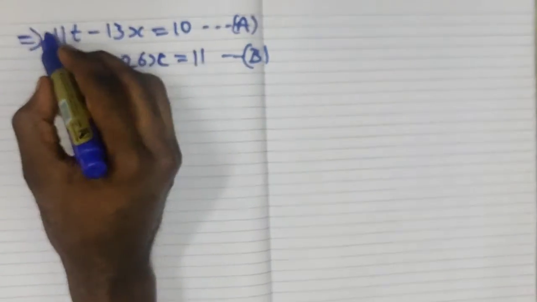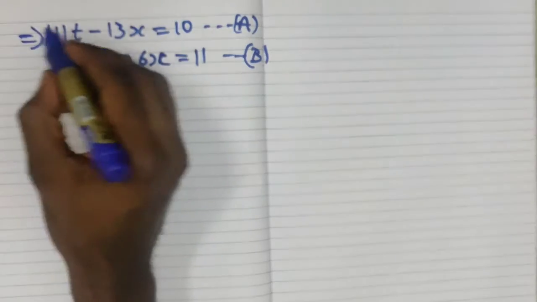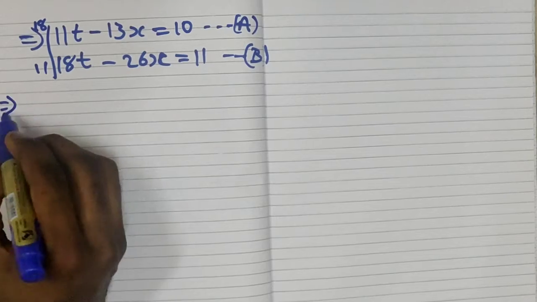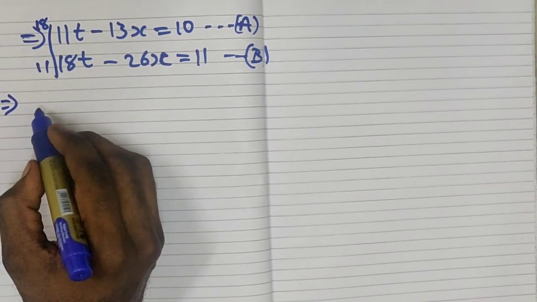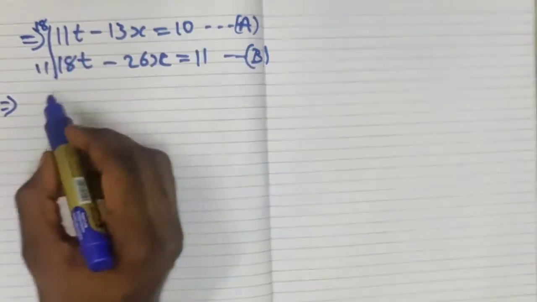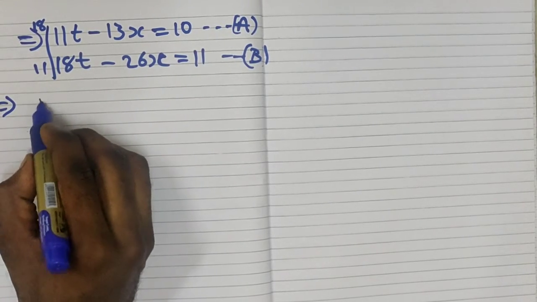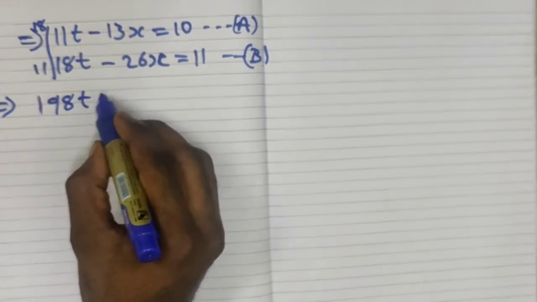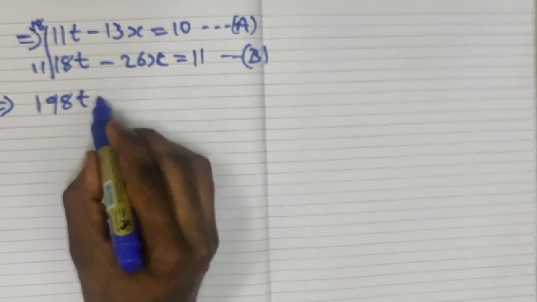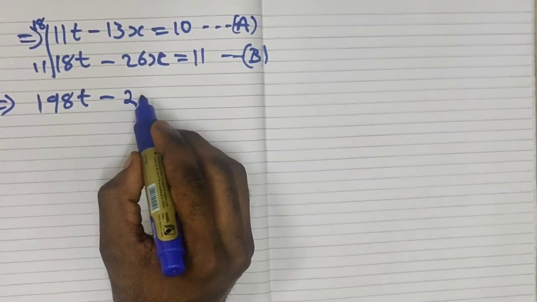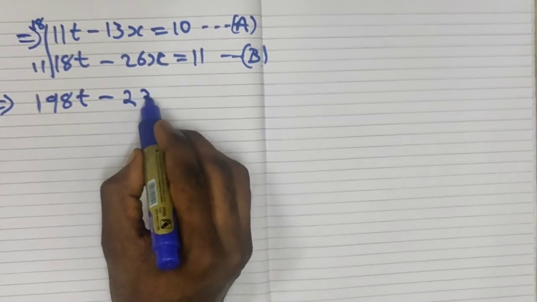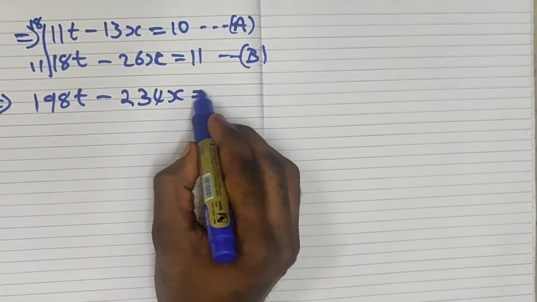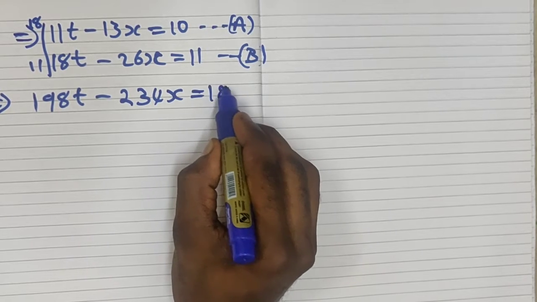So if you multiply this by 18, and multiply this by 11, we are going to have 198t minus 234x is equals to 180.